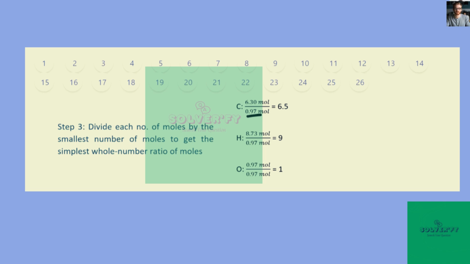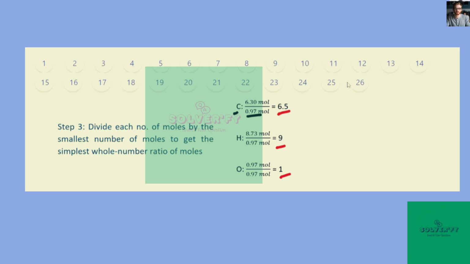So we divide the number of moles of carbon, which is 6.3, by 0.97. Then the number of moles of hydrogen, which is 8.73, we divide that by 0.97. And then finally, since 0.97 is the number of moles of oxygen, we divide 0.97 by 0.97 and we get these values.